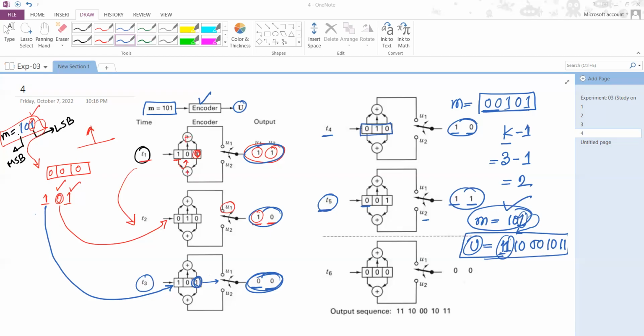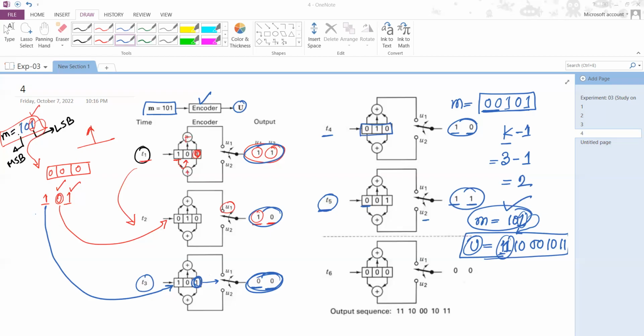So this is our output sequence, or the code word, and this code word is for this message bit M. So this is our message bit and this is our code word sequence that we want to encode.